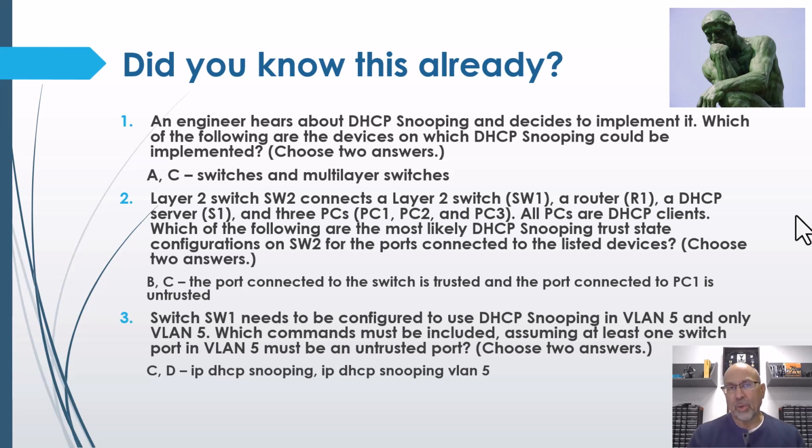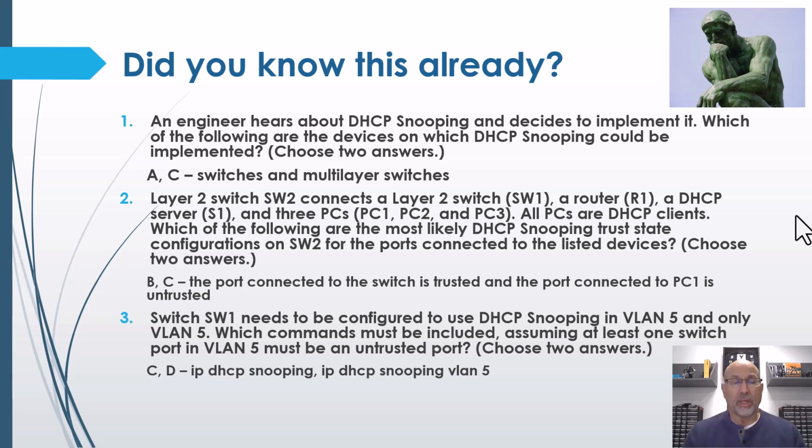Okay. Well, since you don't know what's downstream of a switch, that might be a good place to trust because you might have a router downstream there or other servers. And of course, we already saw that PCs are not trusted devices. So those ports would be untrusted. The other devices were not options in the question. But as we saw, we would want to trust a DHCP server as well, if that was one of the answers.